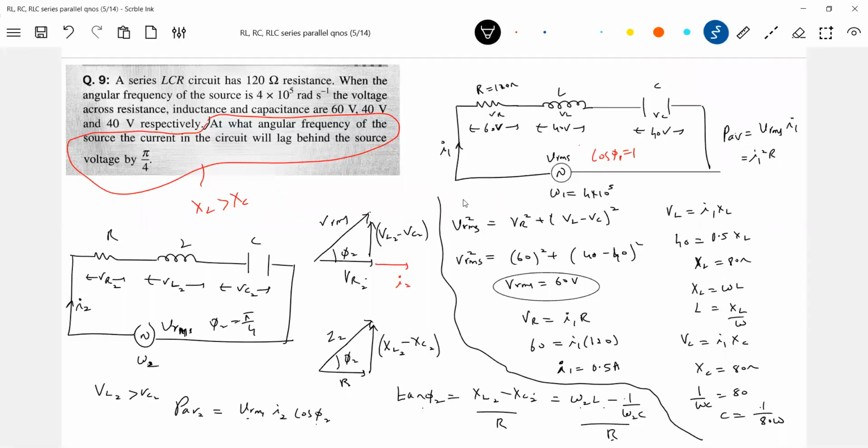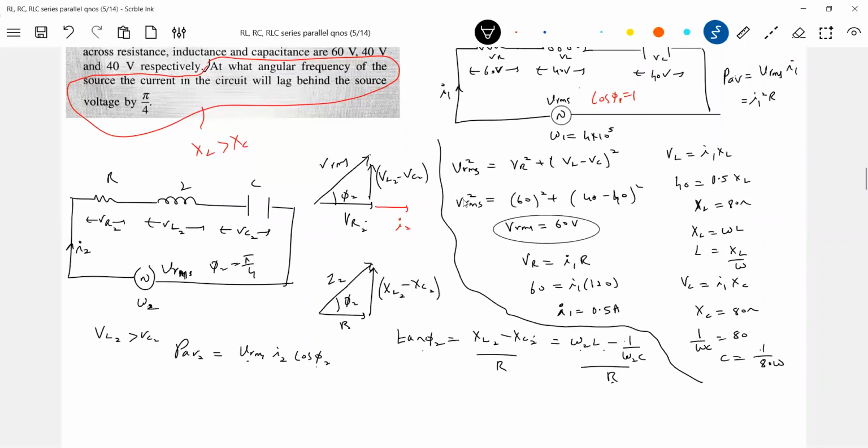Can we calculate I2? Yes, with the total impedance. If we know omega 2, then we can bring the impedance, otherwise not possible. So what is the impedance formula? Square root of R square plus (XL2 minus XC2) whole square. Unless we know omega 2, we can't go to any other calculations here.